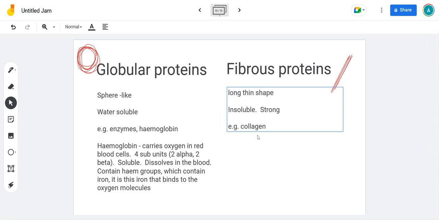A little bit about the structure of collagen specifically is that it's sort of like a twisted spiral. So let's put collagen, a twisted spiral shape. Okay, so I'll just draw you the collagen.